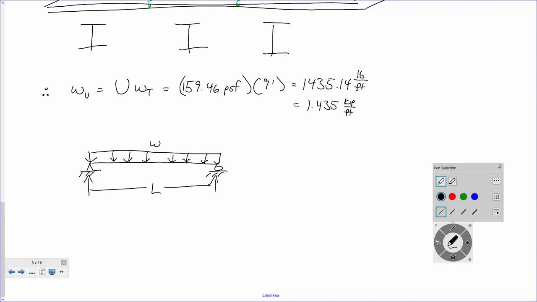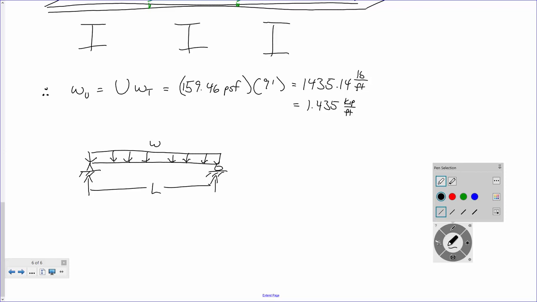Now, if you don't remember the formula, which if you had me for steel or concrete design, I would be very disappointed if you didn't, there should be formulas in the manual. I think there are. Well, I'll be. There's not. They just have the deflections. They don't have the moments.